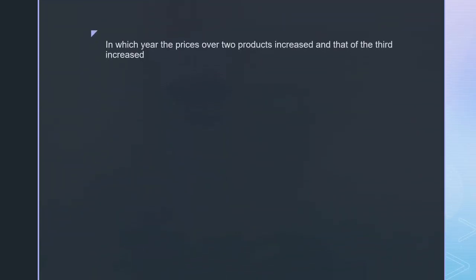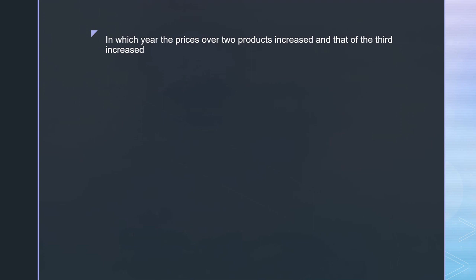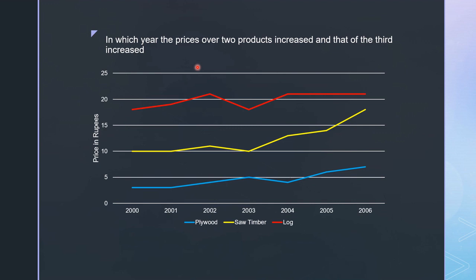The next question is, in which year did the prices of two products increase and that of the third also increase? So these are the line graphs. In 2000 the plywood price is 3, the saw timber price is 10 and the log price is 18.